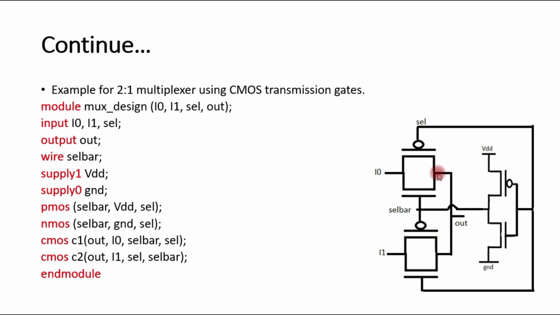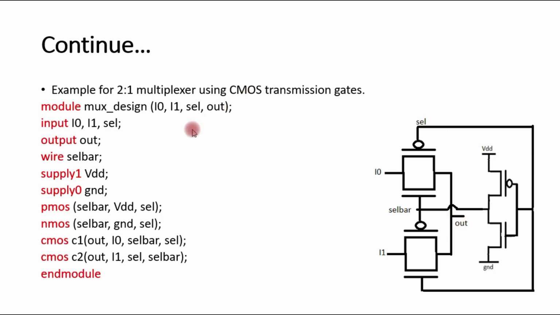I0 passes to the output signal. When sel is at logic 1, then sel bar will be at logic 0 because a NOT gate is applied here, and in this case the C2 transmission gate will be turned on and the C1 transmission gate will be turned off. So I1 simply passes through this transmission gate to the output signal.